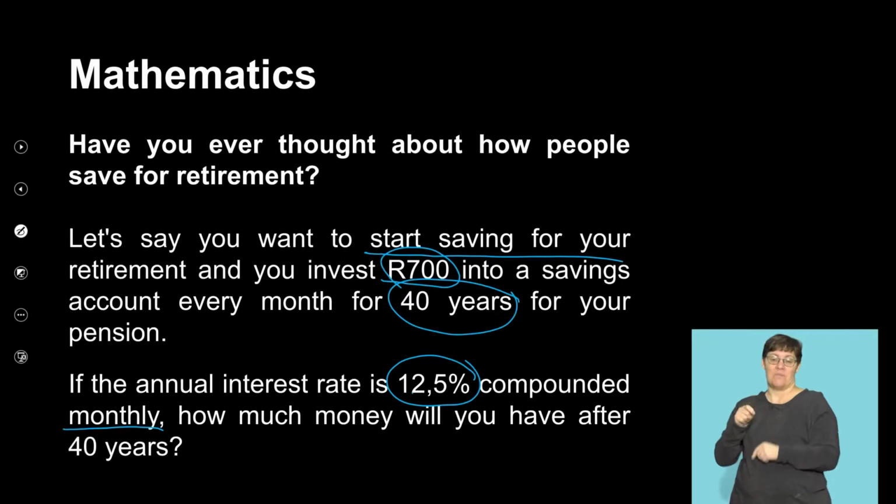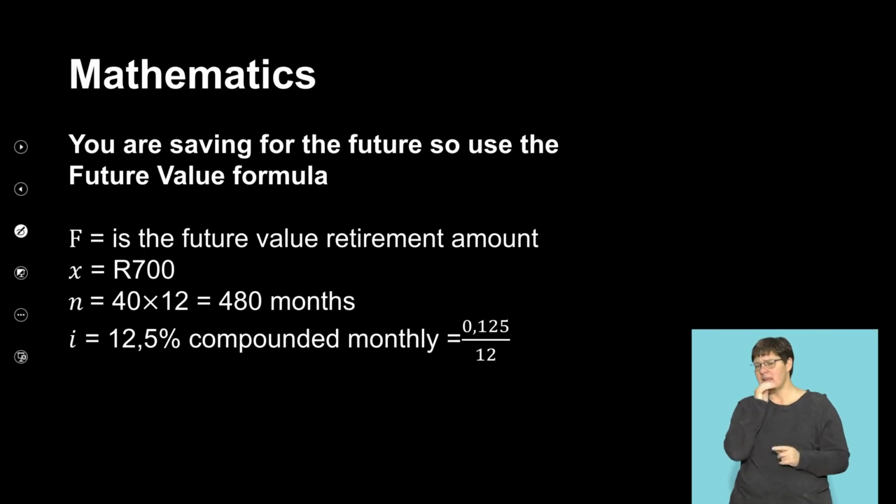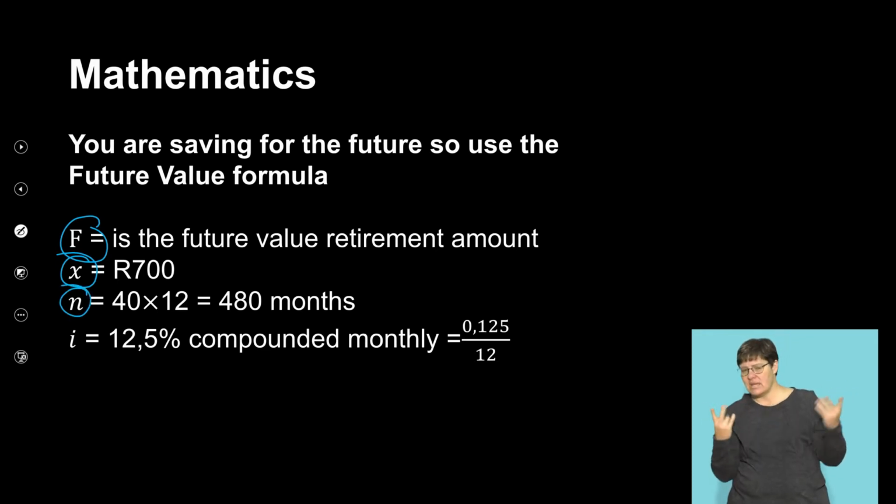Now, how much money will you then have to retire after the 40 years? So what we normally start by doing is to write down some data. This data is to label everything as is. So F will be the amount that we want for retirement. X will be your monthly payment, which is the 700. N will be 40 multiplied by 12. Why? Because every month you are making the payment, not every year.